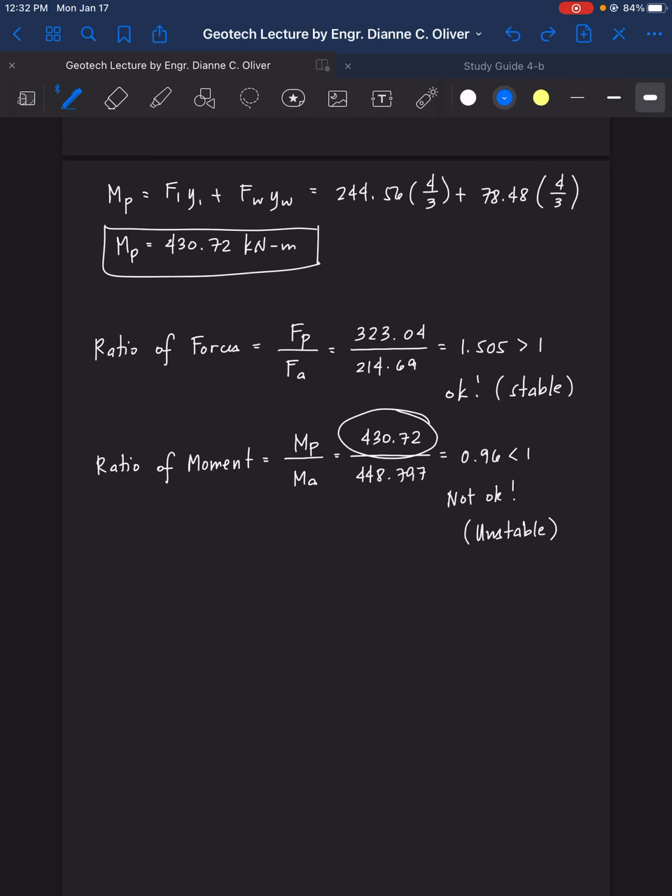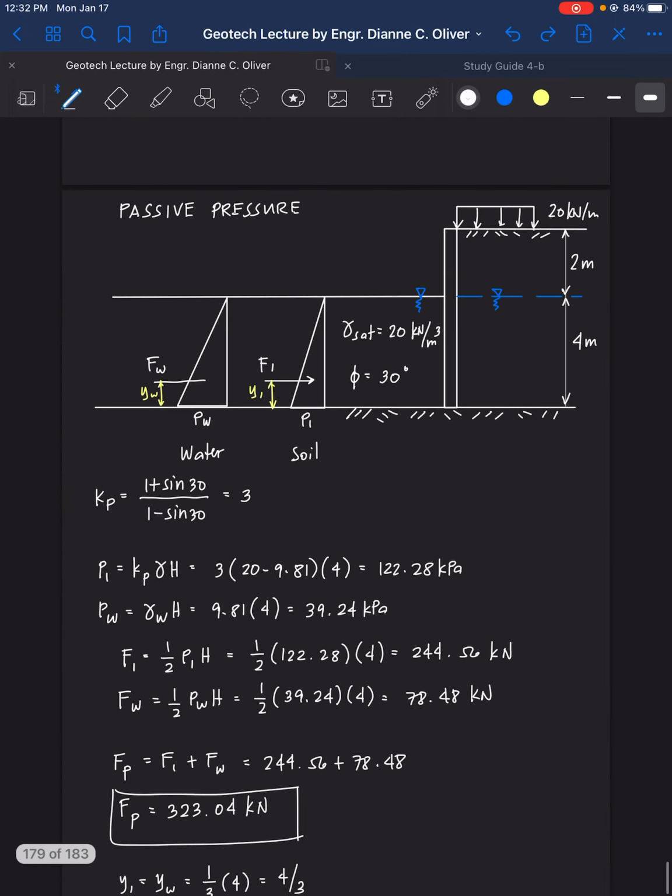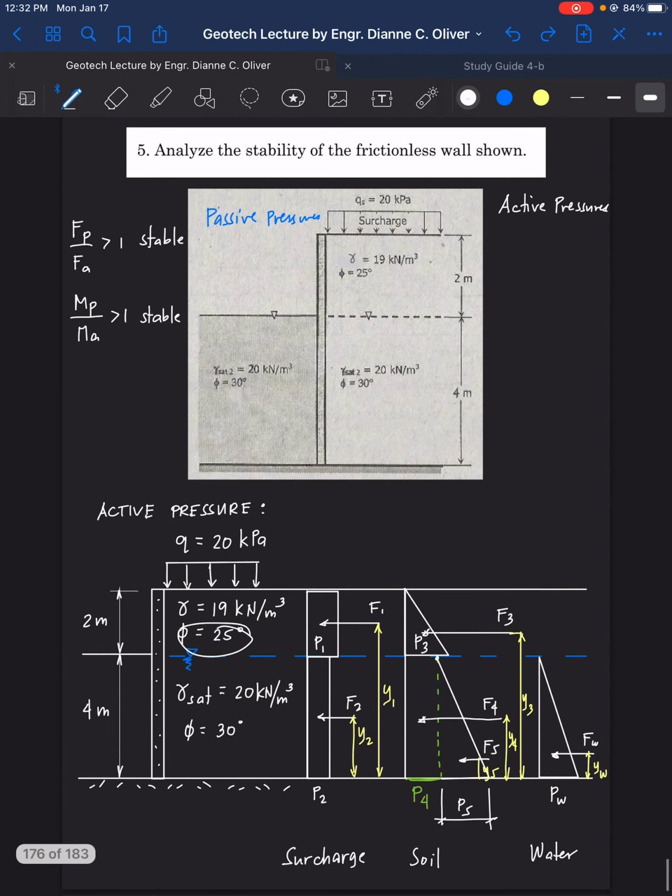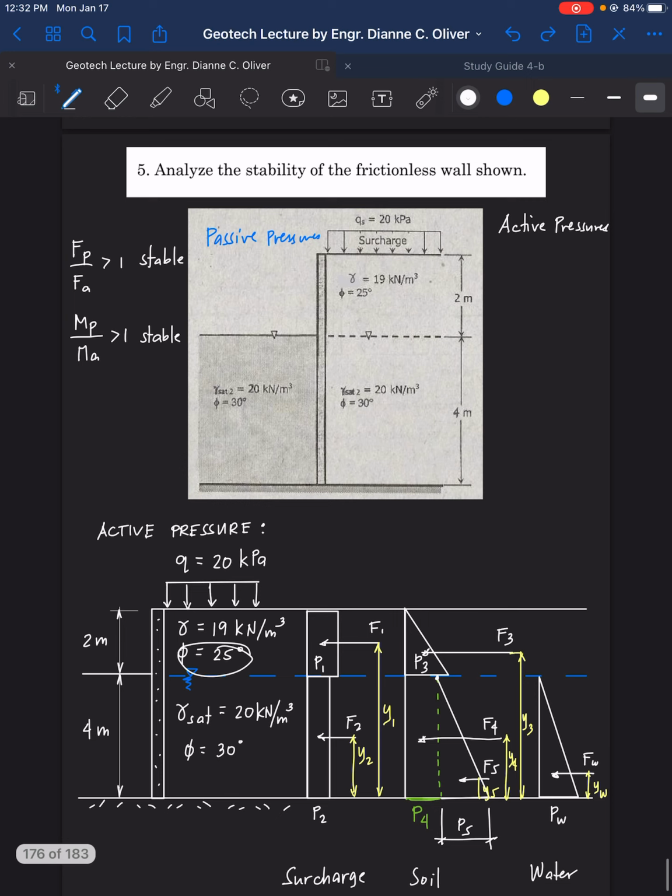So all in all, the structure is unstable. But you can rectify it. The recommendation is to increase the height of the soil at the left side. Okay, so that's all for this part 2 video.